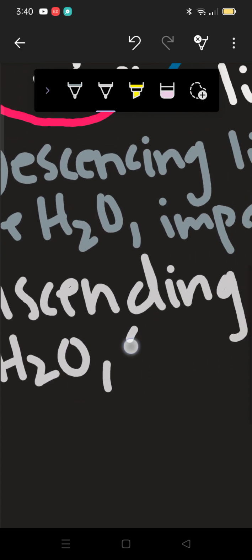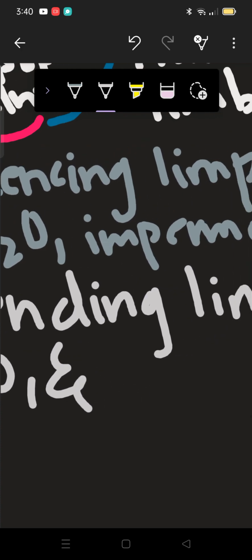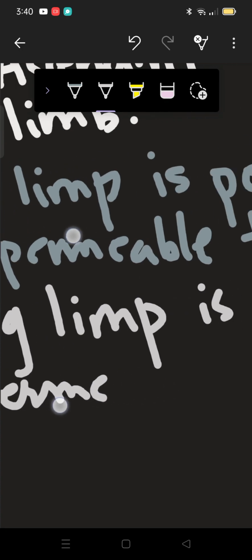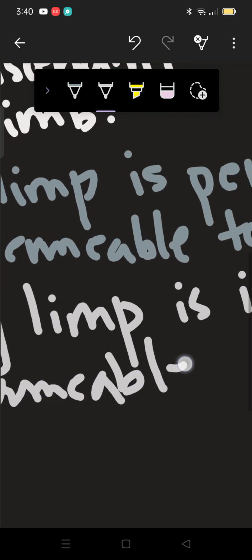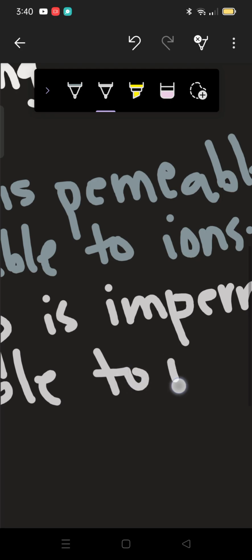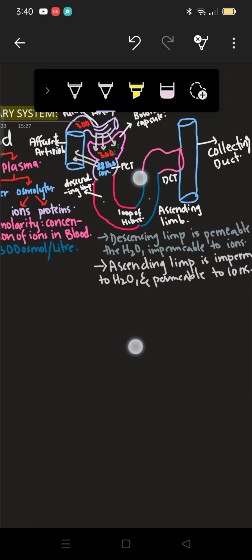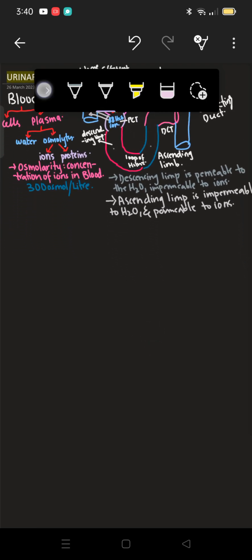This is the opposite of the descending limb. So here I have written interesting facts as well.